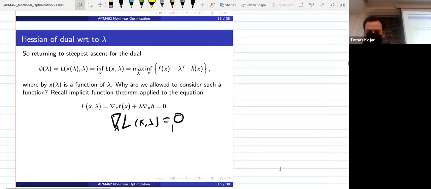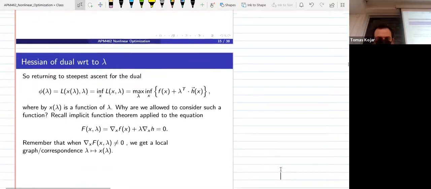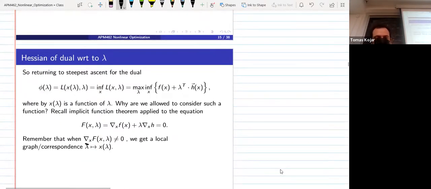So the implicit function theorem said that given a system of equations, if you have the following Jacobian to be non-zero, then you have that x can be expressed as a function of lambda.